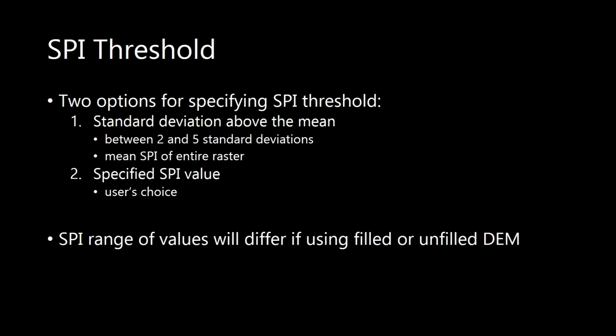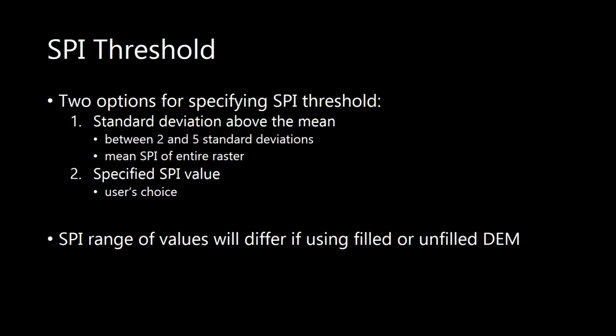The second thing to pay attention to is how you specify the stream power index threshold. One option is to say how many standard deviations above the mean you want it to be before a grass waterway is sited. You can choose between a range of 2 and 5 standard deviations, taking a half standard deviation step each time. This considers the mean of the stream power index raster, and this is of the entire raster.